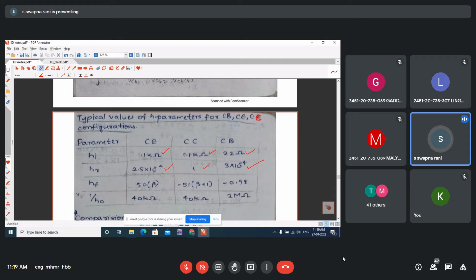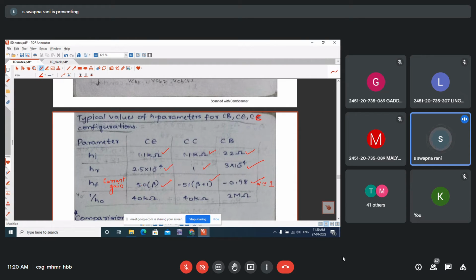HF, the current gain, which is nothing but beta. If you recollect, HF is 50 if beta is 50 for common emitter, for common collector it is beta plus 1, so minus 51, and minus 0.98. We know that this is alpha, which is approximately unity. So HF is nothing but the current gain of the transistor.